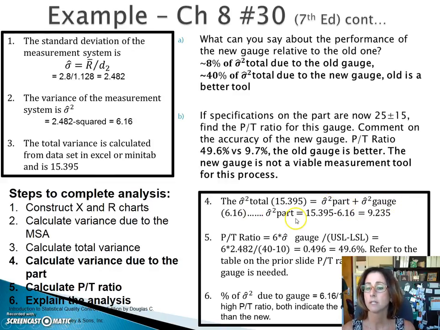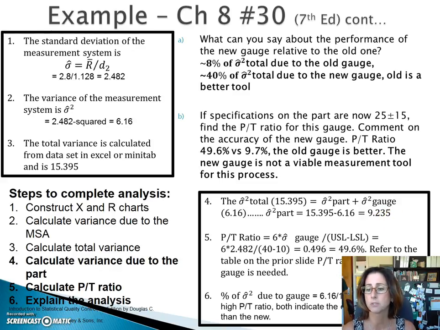We know the variance in total is 15.395 from running the data, minus the variance of the gauge, 6.16, that we got from the R control chart. And so the variance due to the part is 9.235.